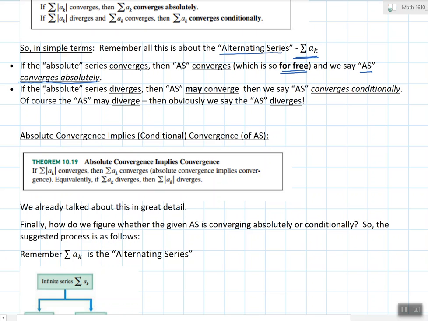Next, if the absolute series diverges, then the alternating series may converge, as we know for the harmonic series. In that case, we say that the alternating series converges conditionally. Of course, it's possible that the alternating series may diverge, and then obviously we just say that the alternating series diverges, so there is no problem with that.